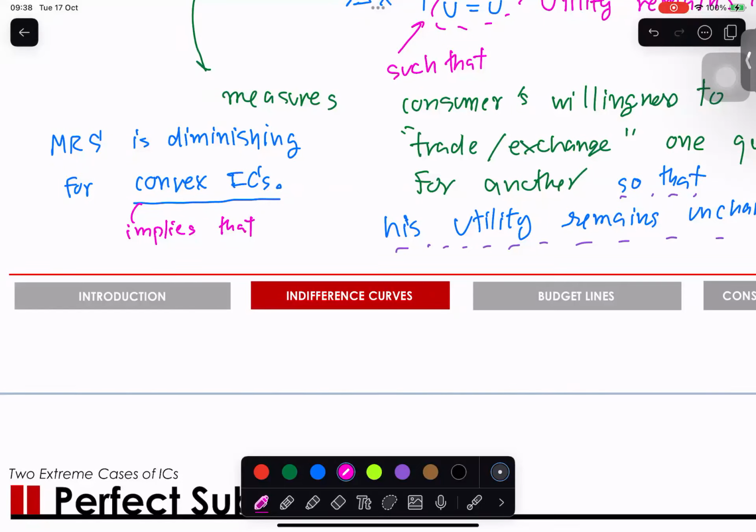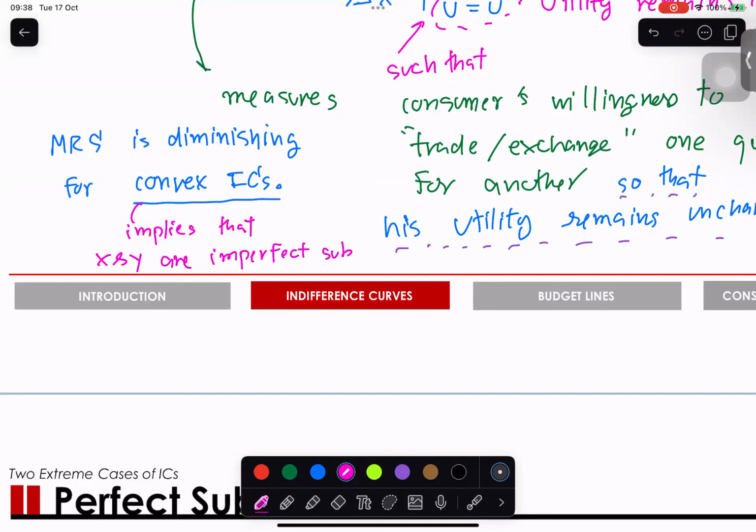Then it's implied that X and Y are not perfect substitutes, they are imperfect substitutes. If it's perfect, it has to be still one, compensate one, and he is okay. But this is not the case here.